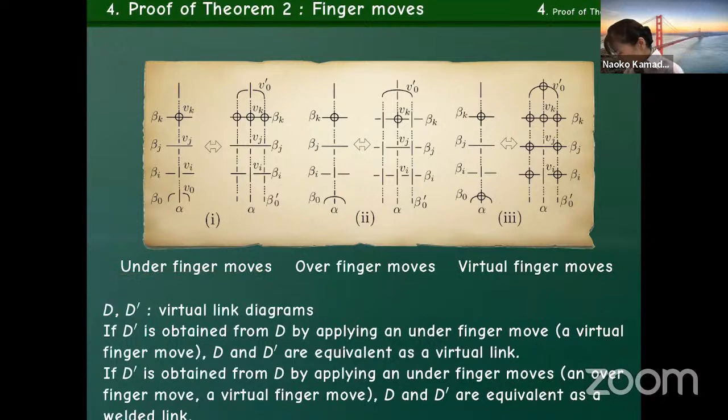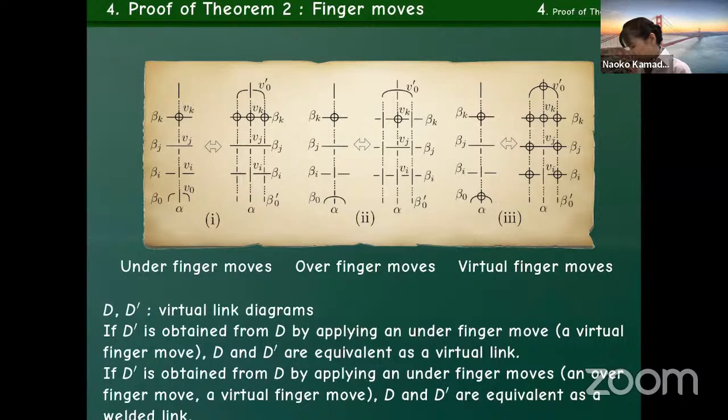So for the over finger move, that's the case where alpha and beta 0 make a real crossing, but beta 0 is the overpass. In that case it moves like this, beta 0 moving like this, but all of the crossings are classical and beta 0 prime is always the overpass.